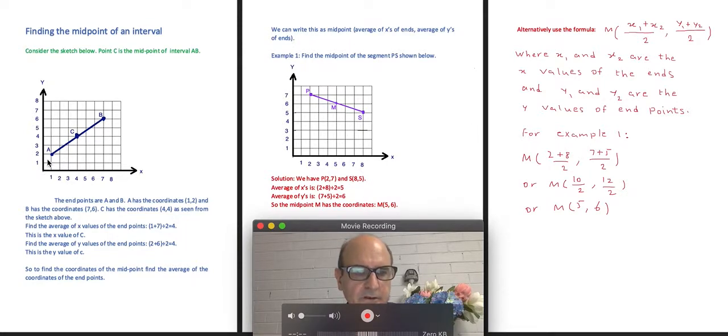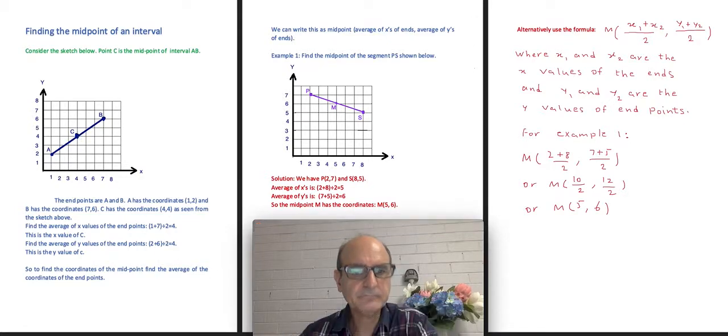Now, the question is that if I know the coordinates of A and I know the coordinates of B, how can I find the coordinates of C? In this example that we put here, A is here, B is here, and C is here.